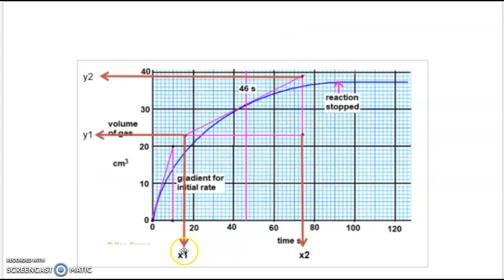Now, if we label our x2 and x1 values and our y1 and y2 values, we will have them as now seen on screen.